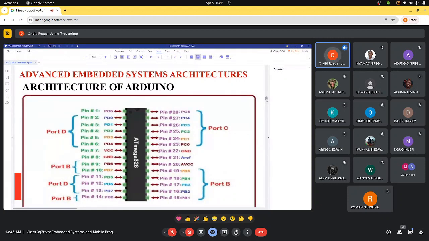Once you understand how these pins behave, it will be very comfortable for you to implement any output on this particular embedded system. Correct? At least that is now clear.